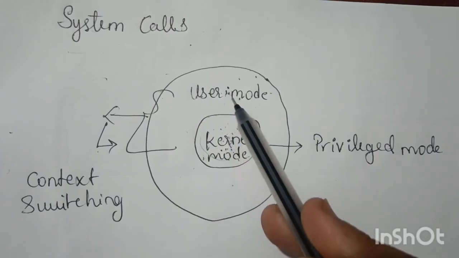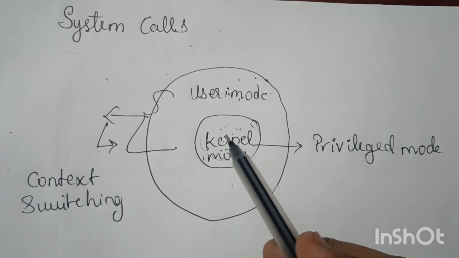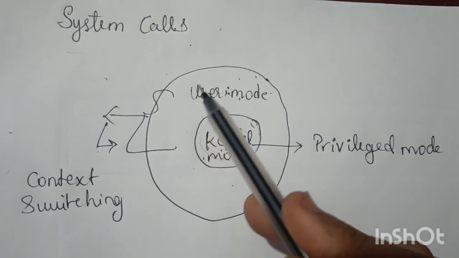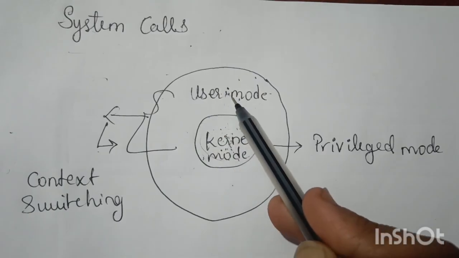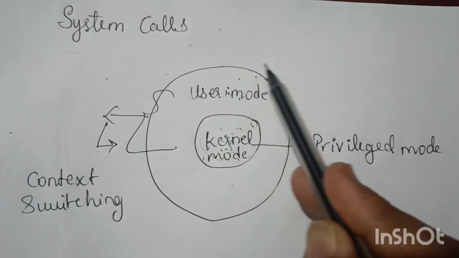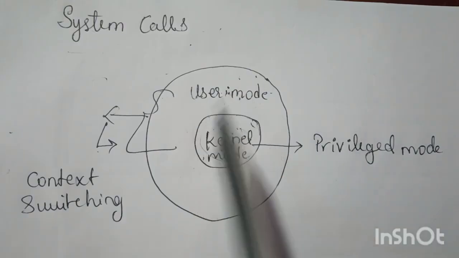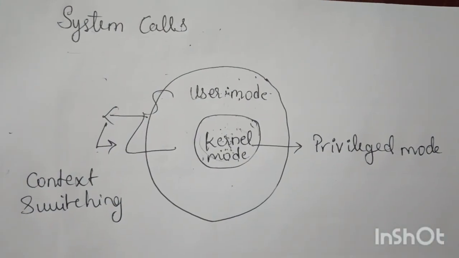That call goes to the kernel, the kernel executes the service, the result is given back to user mode, and the process continues with execution. The CPU continues with the process.